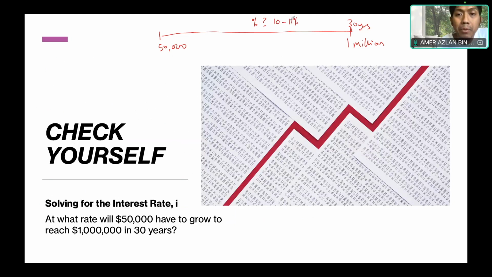You have to put your investment in any accounts or investment instruments that could give you an average return of at least between 10 to 11% in order for this 50,000 to grow to 1 million in the next 30 years of time. That's how you calculate.